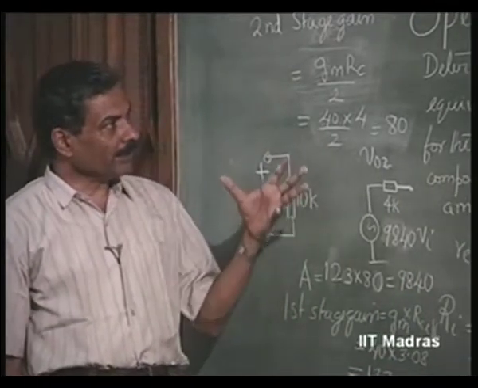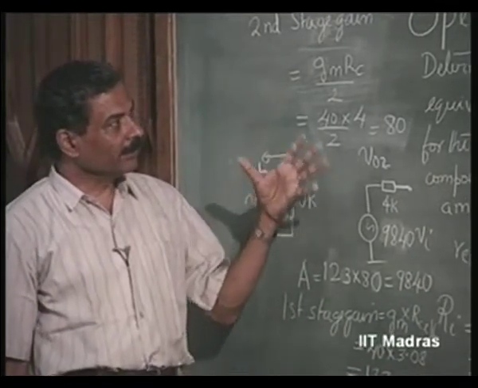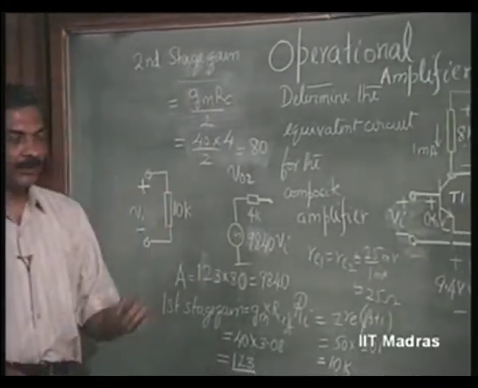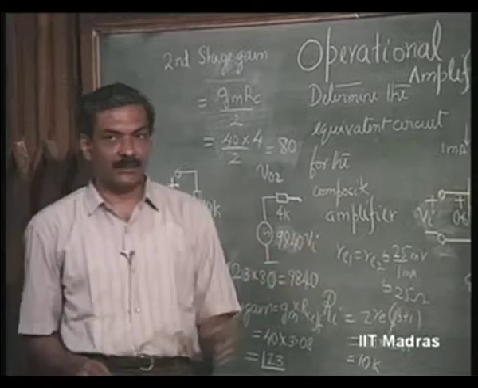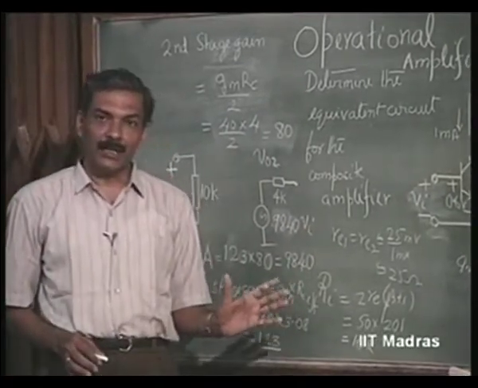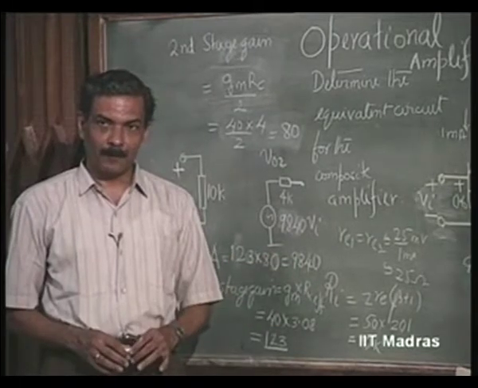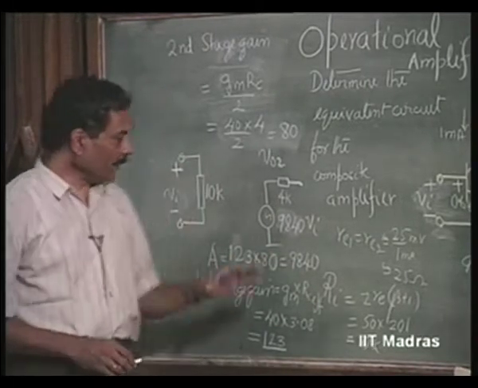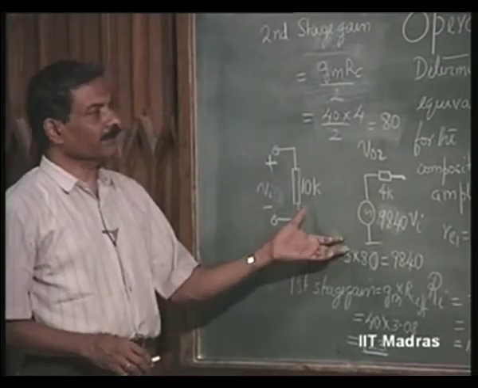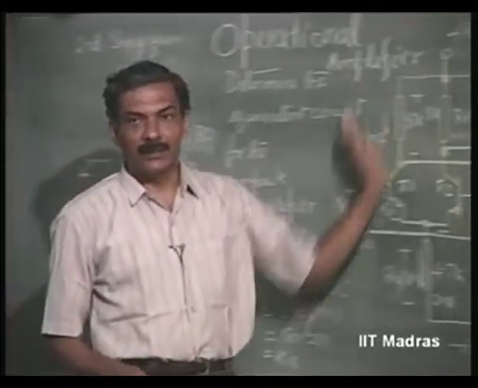So, the main fact in designing such operational amplifiers is making sure that the amplifiers are cascaded and the transfer parameter is as high as possible. And then most of the analysis could be carried out by using this equivalent circuit instead of this complex circuit.